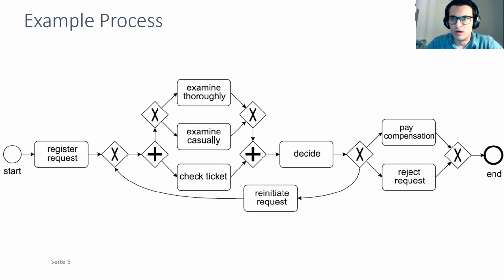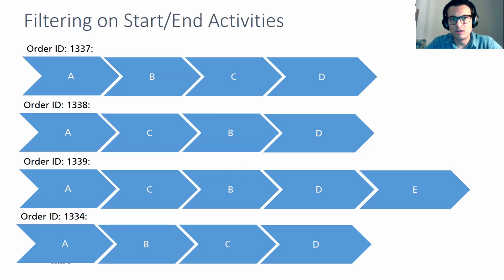Great. So the first group of activities allows us to filter on start or end activities. So why is this interesting? As it turns out, when you go into the real world and you extract an event data set, it can typically be that you extract the event data from, I don't know, January 2017 until December 2020, for example.